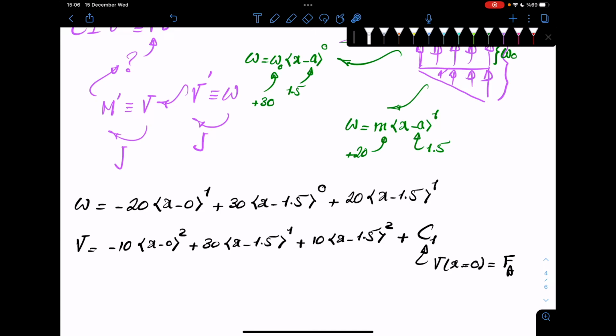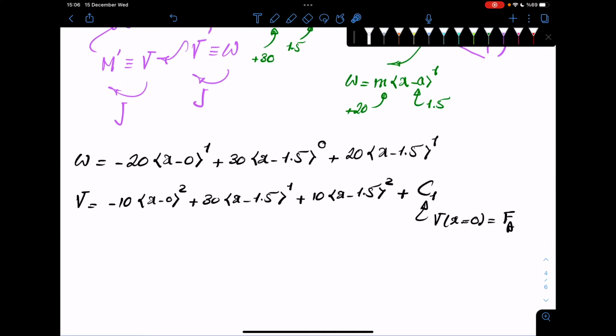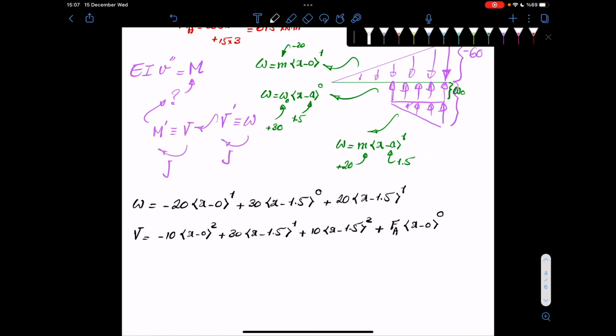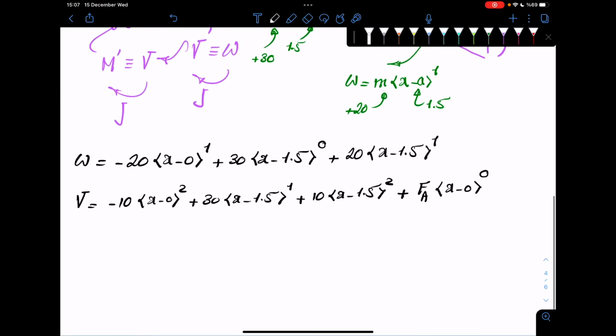And also it comes together with your Macaulay bracket, right? So this would be then Fa times x minus 0 to the power 0. Does that make sense? Okay, so that is your shear force.